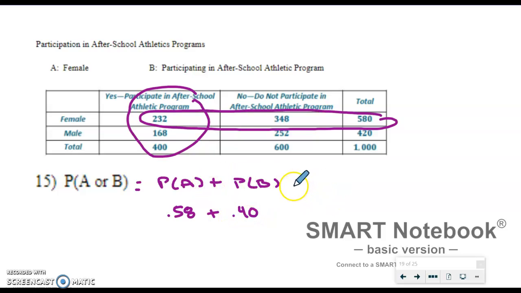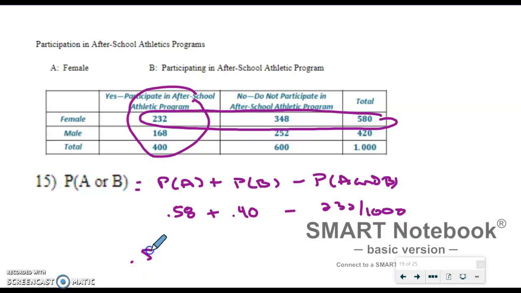Okay. Now, is there anybody that falls into both A and B, that is female and participating in after-school activities? And that happens 232 out of 1,000 times. So that's the probability of A and B. So we're going to subtract 232 out of 1,000.